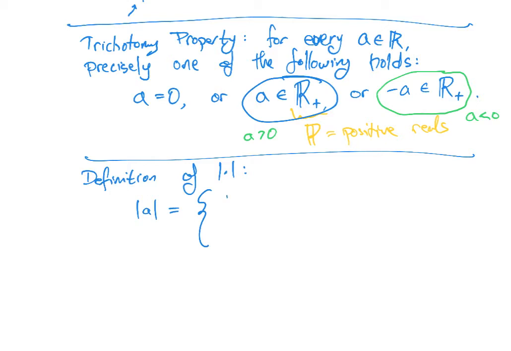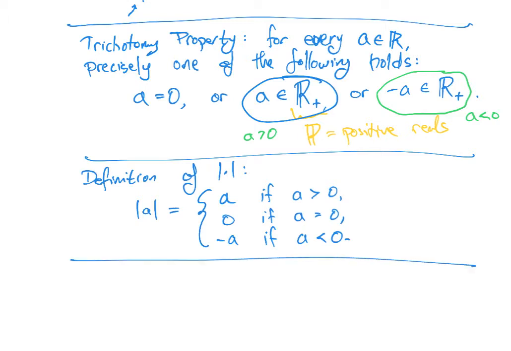So it's A if A is positive, 0 if A is 0, and it's minus A if A is negative. Okay, and I hope you all knew that. So we've taken 20 minutes to build to that definition that you already knew.